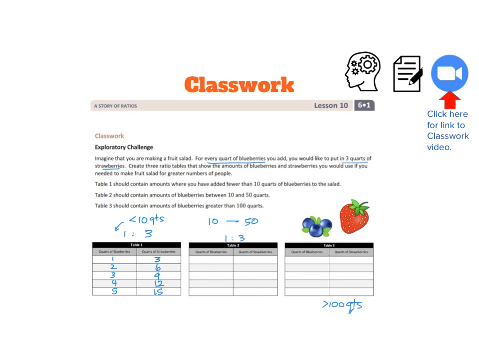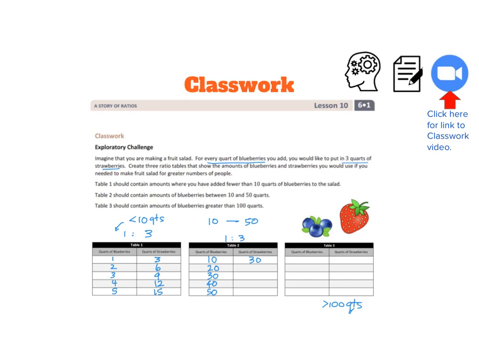But now we're going to jump to table 2, where let's say we start out with 10 quarts of blueberries. So a 1 to 3 ratio, 1 times 10, 3 times 10. How about, let's go 20, 30, 40, 50. You could do any numbers that you want as long as they're between 10 and 50.